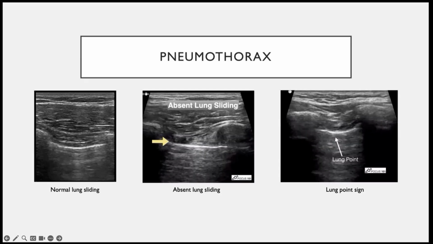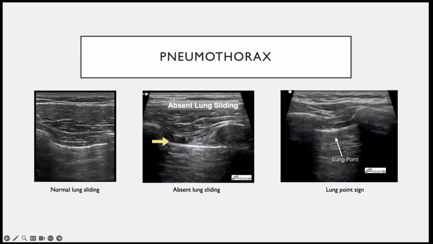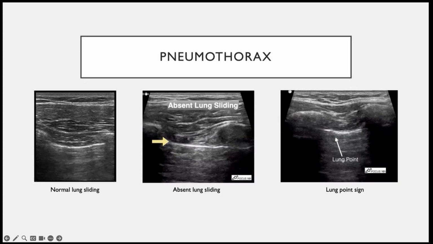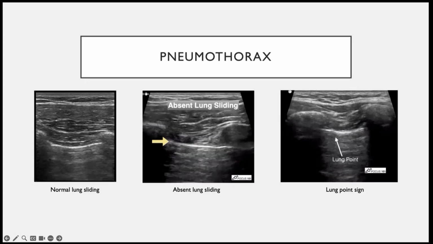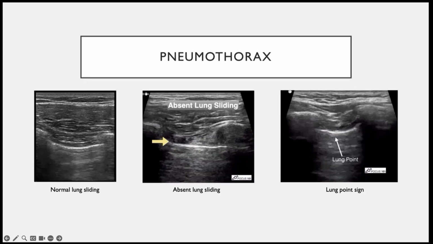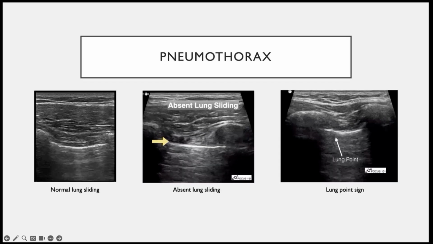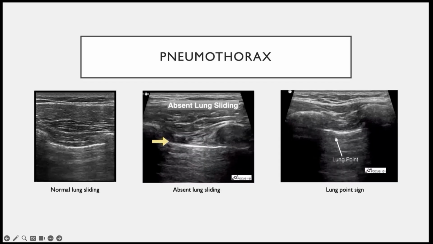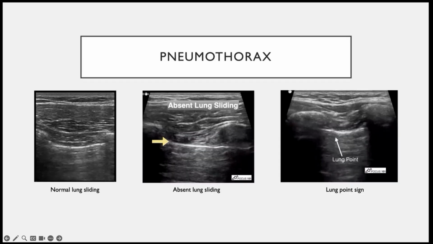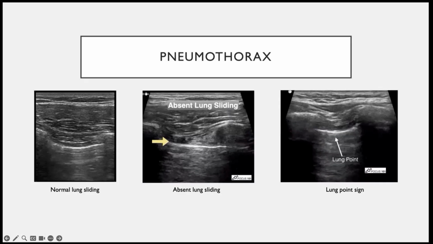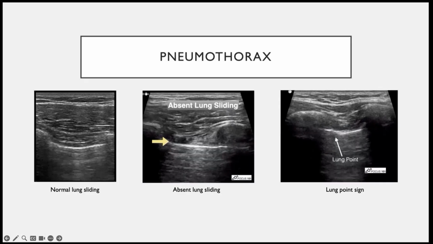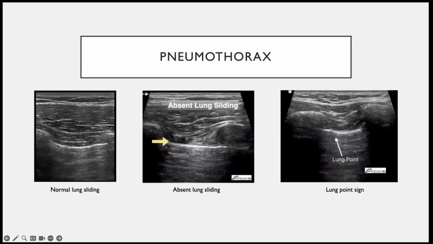It's really that transition point between the collapsed lung and the normal lung. If you see this on your patient, you can definitively rule in a pneumothorax. It can also help you assess or kind of quantify how large your pneumothorax is.